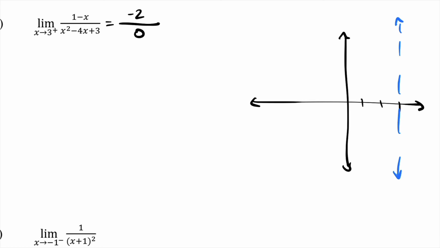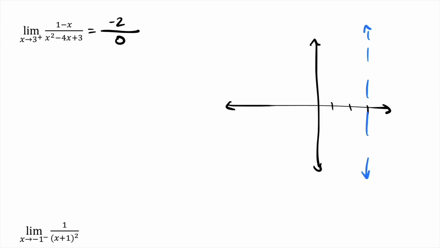Now I'm coming from the positive side. So now I'm coming from this side over here. So again, I have two options. Since it's a vertical asymptote, I have two options. Either go really far up or go really far down. Right? If it was a hole, it'd be different. But since it's a vertical asymptote, I only have two options from the right side.